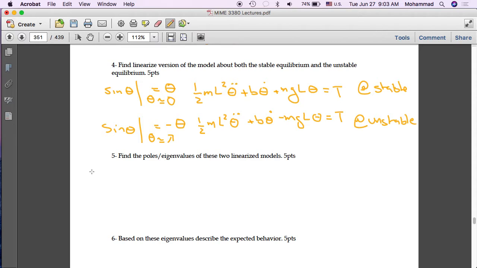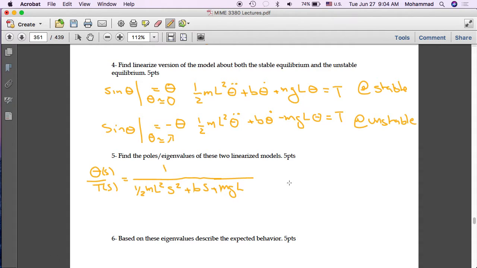So the transfer function would be theta over t when they're both in Laplace domain. That's the transfer function that we're talking about. For one you get 1 over 1/2 ml squared s squared plus b times s plus mgl. That's one of the two transfer functions. This is about the stable equilibrium.